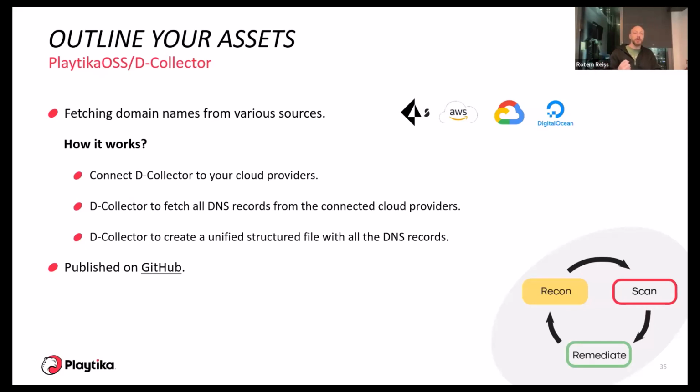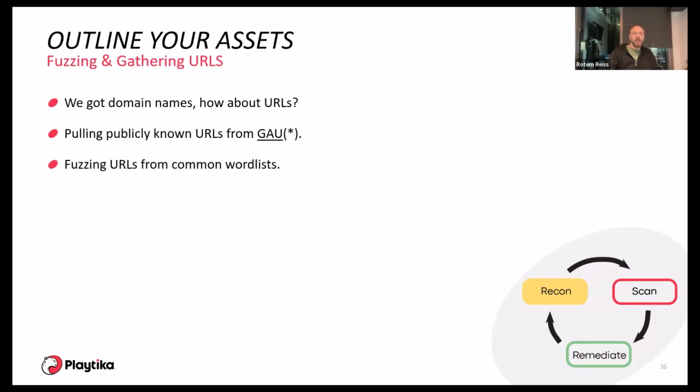And then we are good to go because we have a good list of all the assets that we have at the company. By the way, on the right side, you will see which phase I am talking about. In this case, I'm talking about the recon phase, the reconnaissance, but I'm also going to talk about the scan and remediation phases.